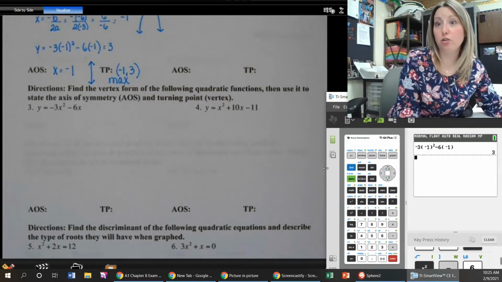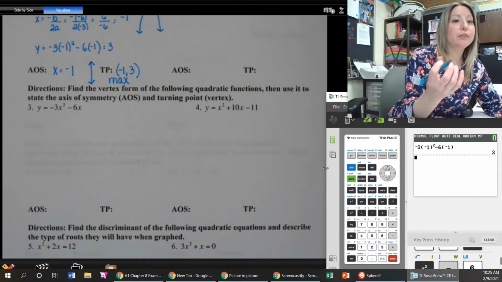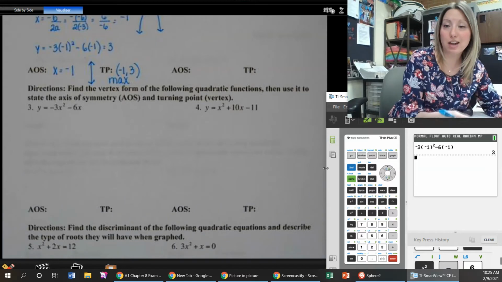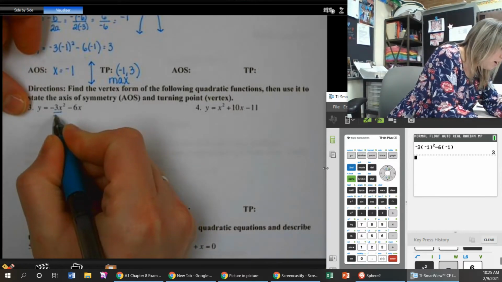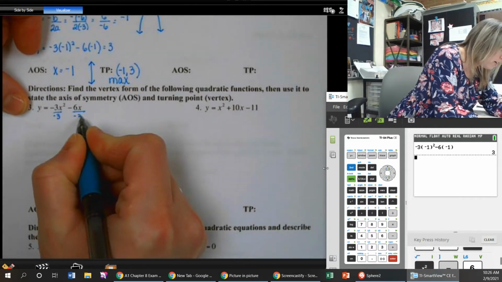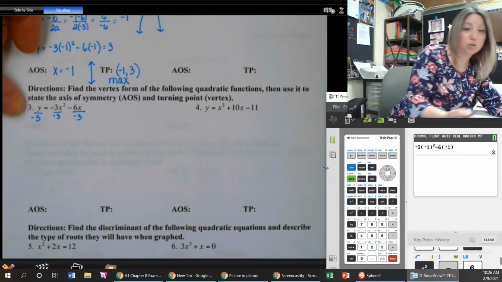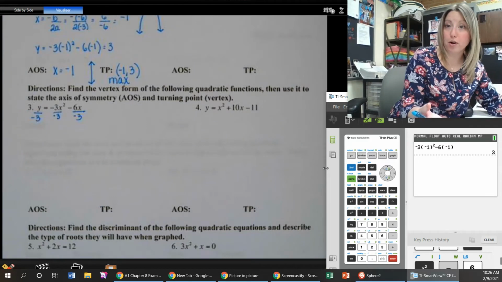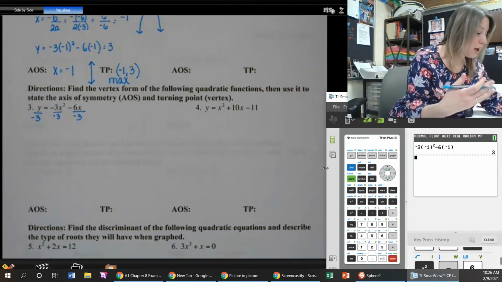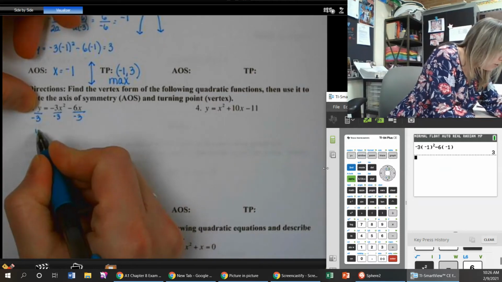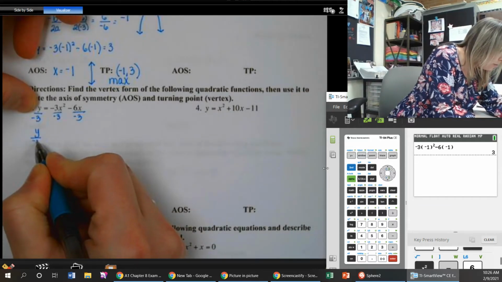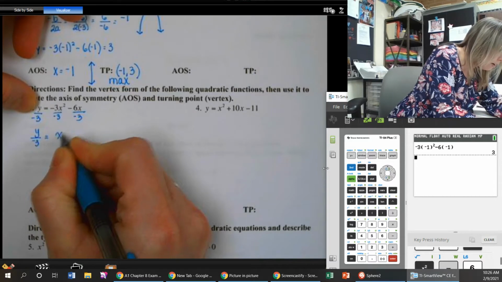The first thing I need to do in order to complete the square is divide everything by negative 3 to start. The reason being, you can't have a number in front of the x squared while you complete the square. It's got to be a 1 in front of the x squared. I know that feels like there's a complication over here with the y, but truly just leave it as y over negative 3 and don't worry about it otherwise.